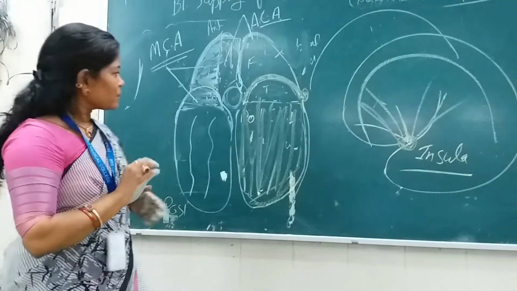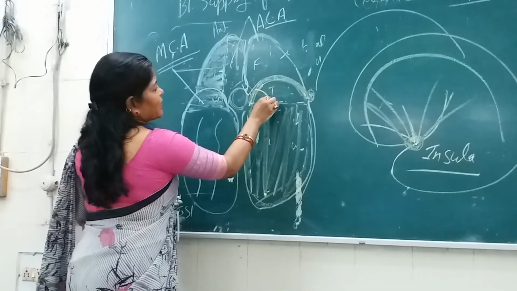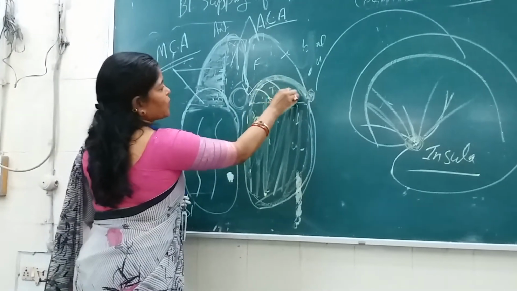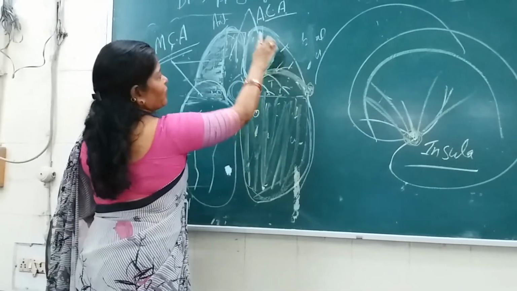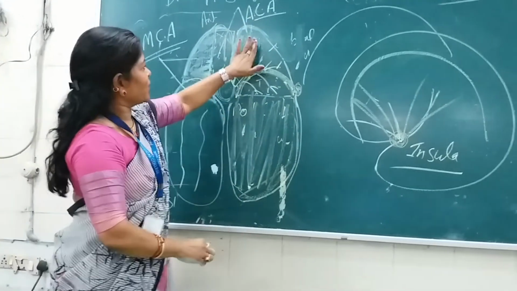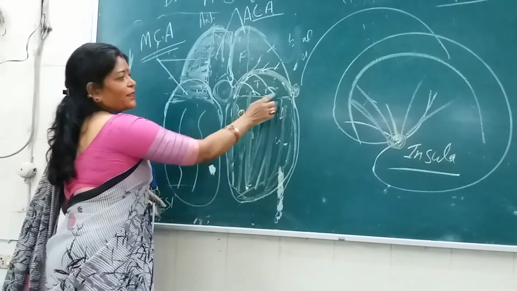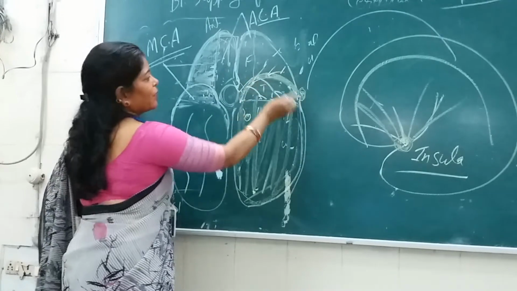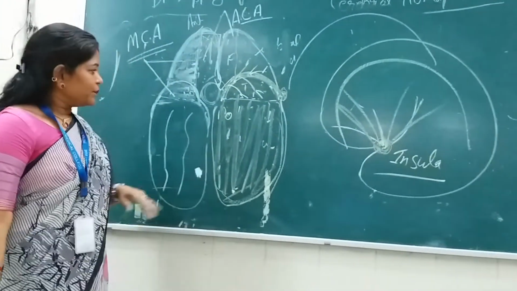Isn't it? The middle cerebral artery also supplies the temporal pole and the lateral half of the orbital part, as well as the superolateral surface after coming out of the insula.